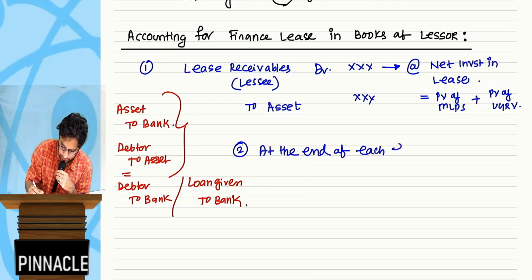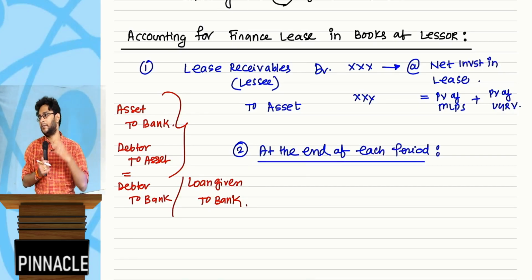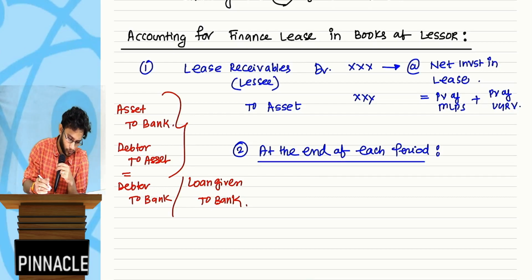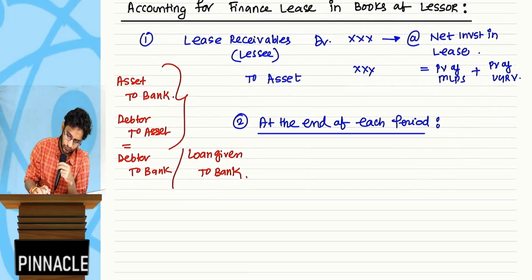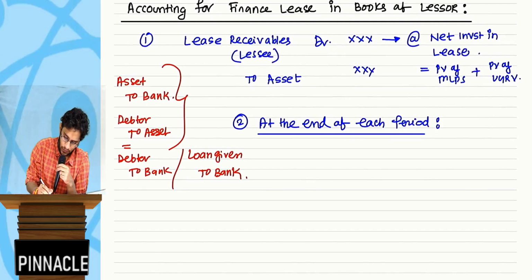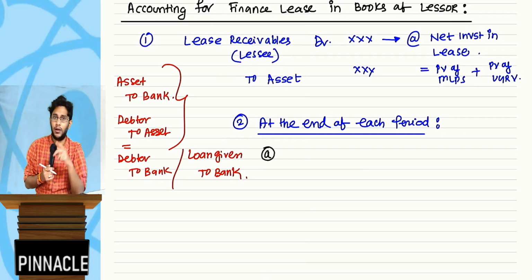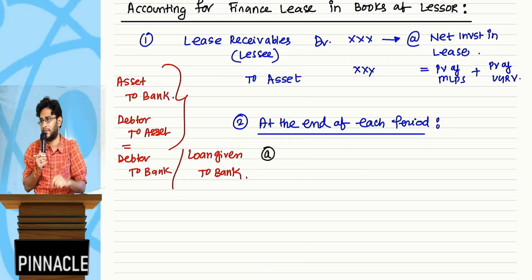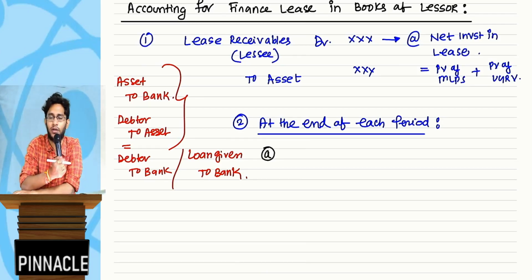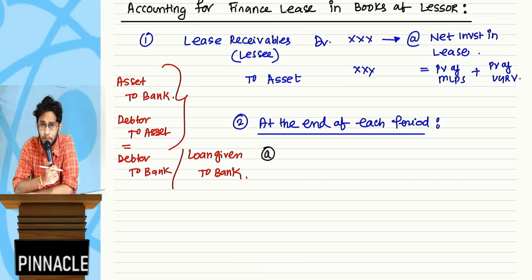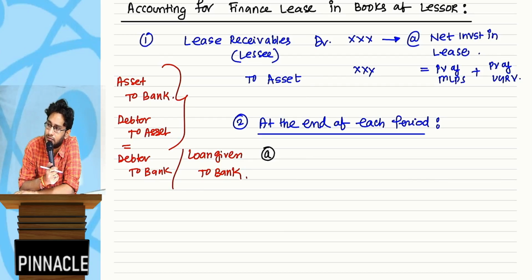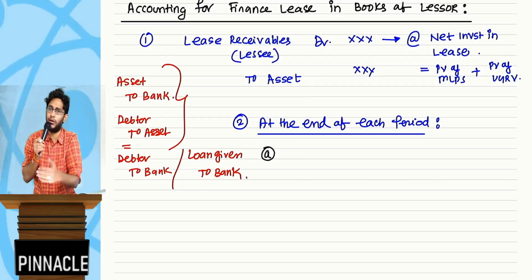At the end of each period, the lessee books interest expense. The lessor will book interest receivable, interest income you have to book. Tell me, if you receive interest, what is the entry? Bank to interest. If you did not receive interest, interest receivable account debit to interest.